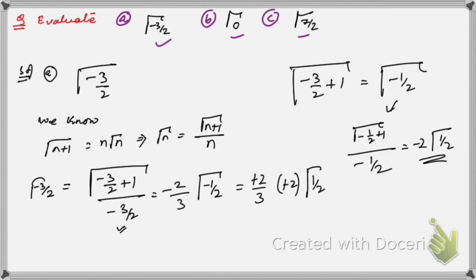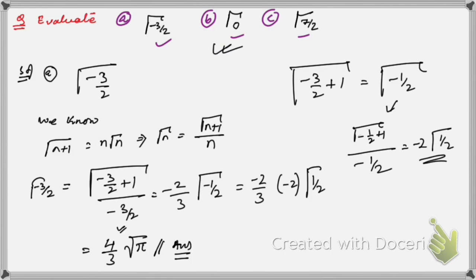So minus times minus gives plus, then we will get plus 4 by 3, and we know that gamma half is nothing but square root of pi. So plus 4 by 3 square root of pi, that is our answer, right? So hope you have understood this. Now let's find gamma of 0.